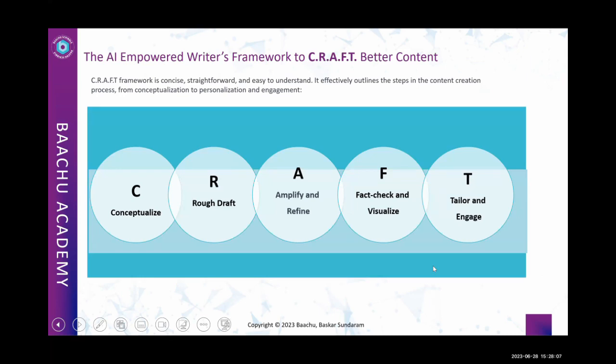The reason I'm sharing all these things is just to get you thinking that certain parts of our life have been simplified now. If you have attended the writers workshop, I shared that I have a new framework for creating AI powered writing content, which is CRAFT. So I think my designer is here in this.